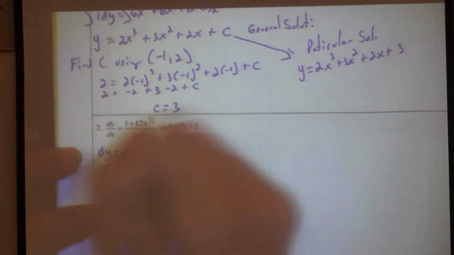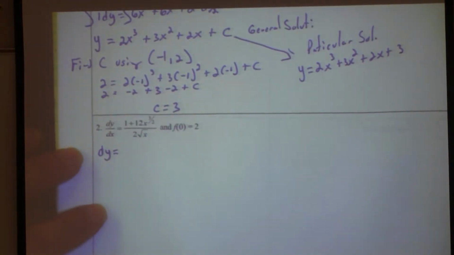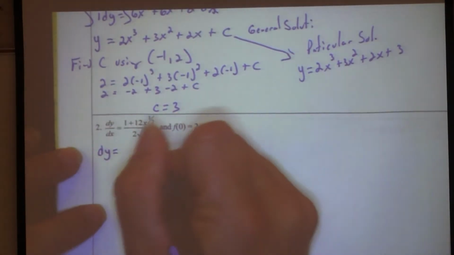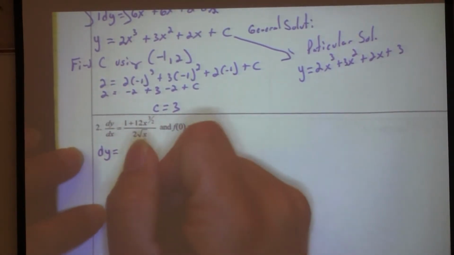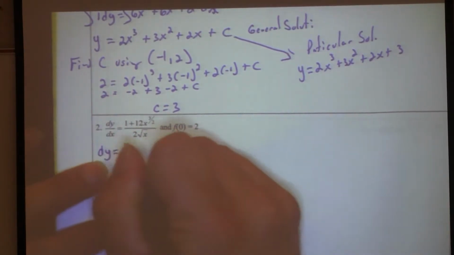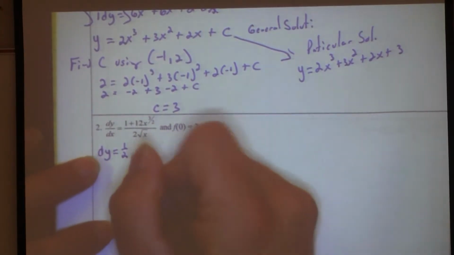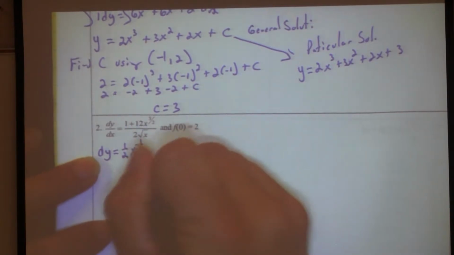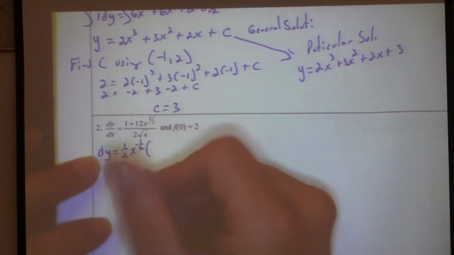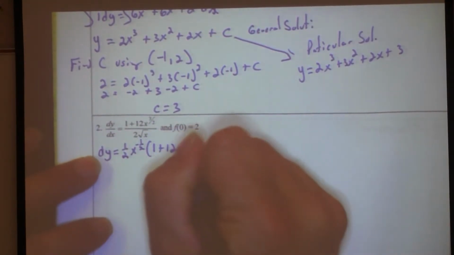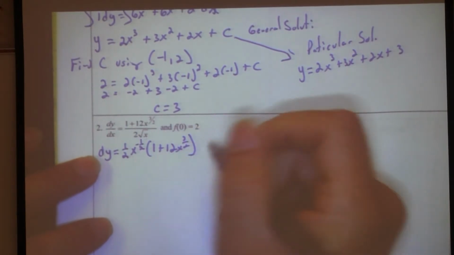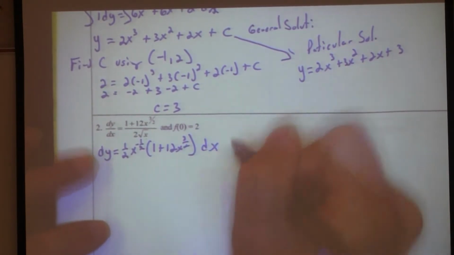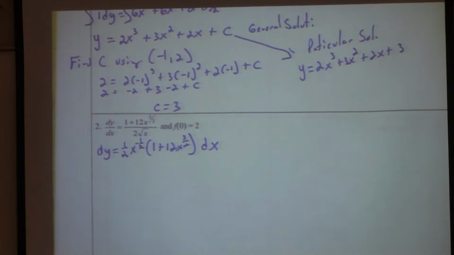I get dy is equal to what? Could I send this guy up? And can I take out the 1/2 like this? 1/2 x to the negative half times 1 plus 12x to the 3/2 dx, because I multiplied by dx in my head.